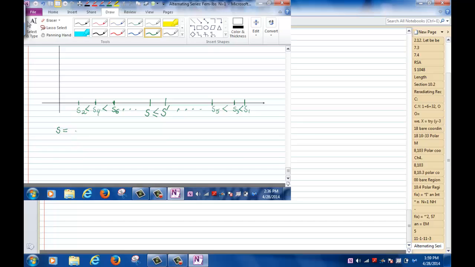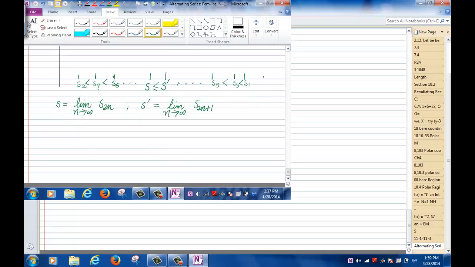Remember, S is the limit of the even partial sums, so S_2n as n goes to infinity. And I am calling S prime the limit as n goes to infinity of the odd partial sums, right? Are they the same?